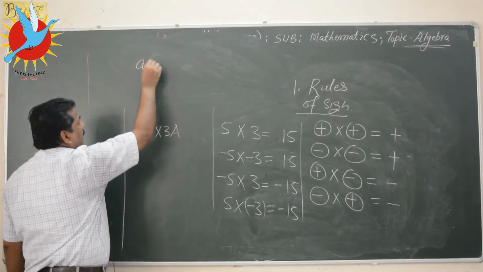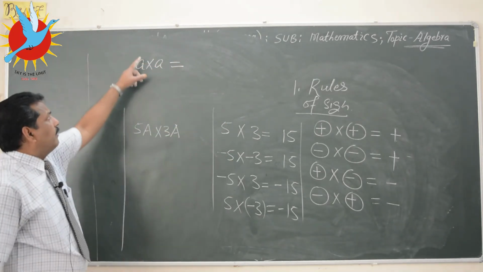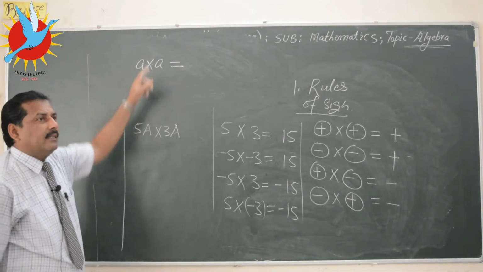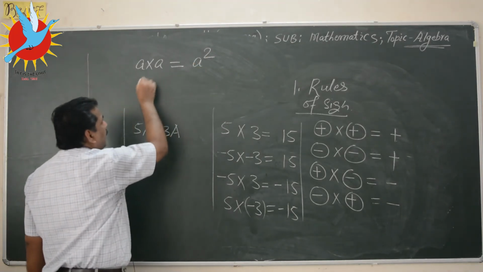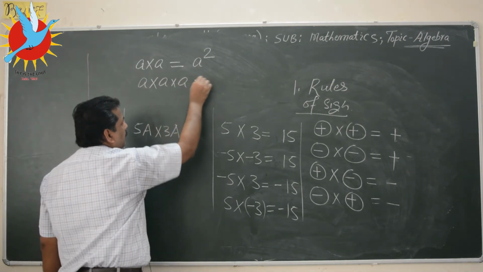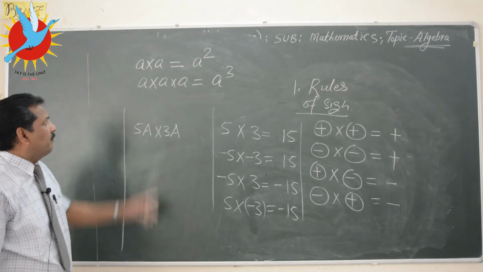If a is multiplied by a, how is it written? The power of a is 1, here the power of a is 1, both powers are added, so 1 plus 1, and this is written as a square. If a into a into a, this is a to the power 3. You must be already aware.